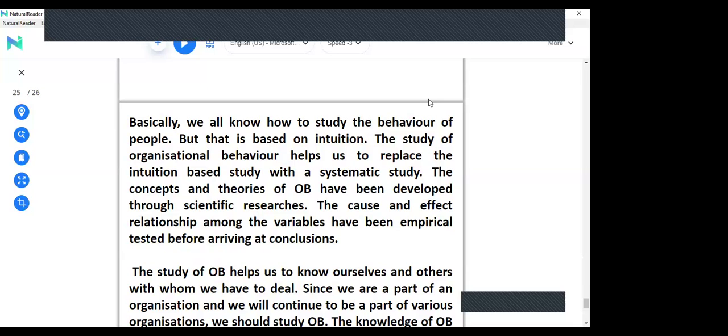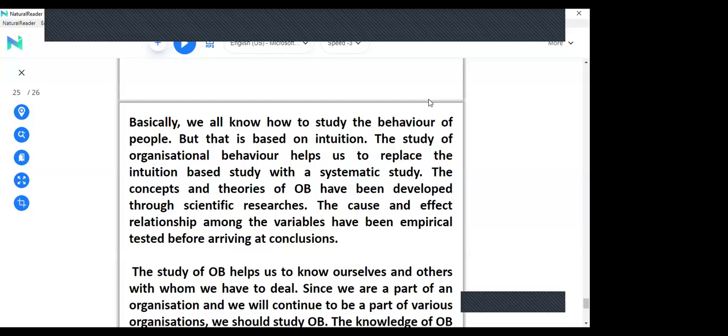Organization behavior means behavior of people, but earlier we divided it under three categories: individual, group, and organization, like the whole organization. Now, what is the point we have to take out? The behavior of people, the one point: study the behavior of people.